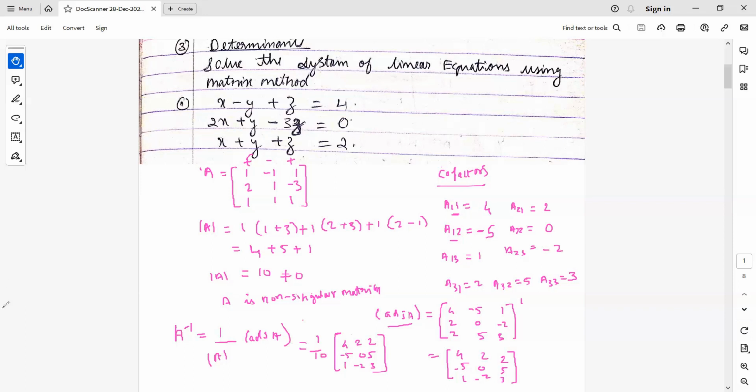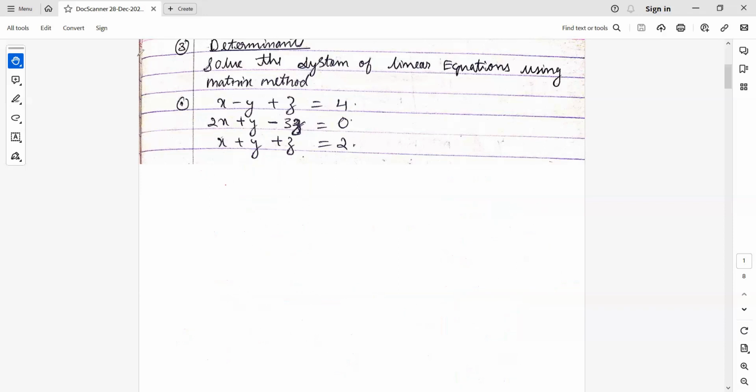So the last step is x equals A inverse into B. Substituting, it will be 1 upon 10 into the adjoint matrix we have got: 4, 2, 2; similarly minus 5, 0, 5; and then 1, minus 2 and 3, multiplied with the matrix B. Matrix B is 4, 0 and 2.